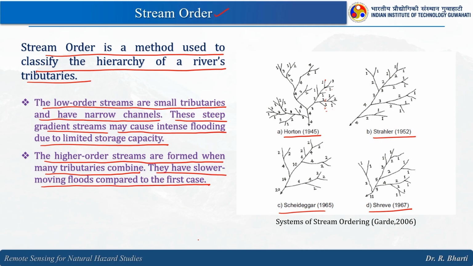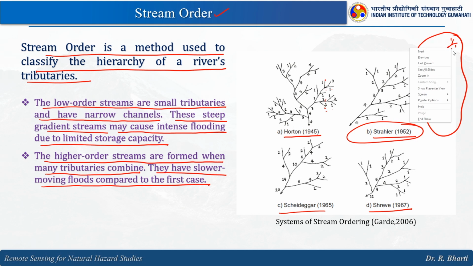So, I will try to explain this Staller one, right. So, here let us say this is one catchment area, right, and here there are two tributaries which are meeting and they are making one bigger tributary, right. So, here we will name it first order, then when two first order meet, this will become second order, right.